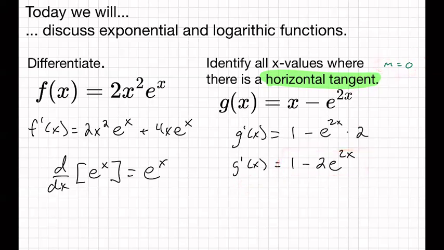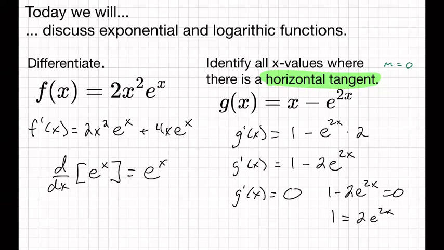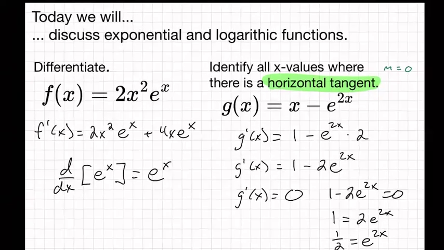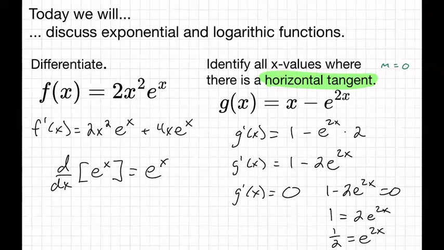So what you want to do here is say, hey, where does the derivative equal 0? Well, if you set this equal to 0, we get to this statement here: 1/2 equals e to the 2x.